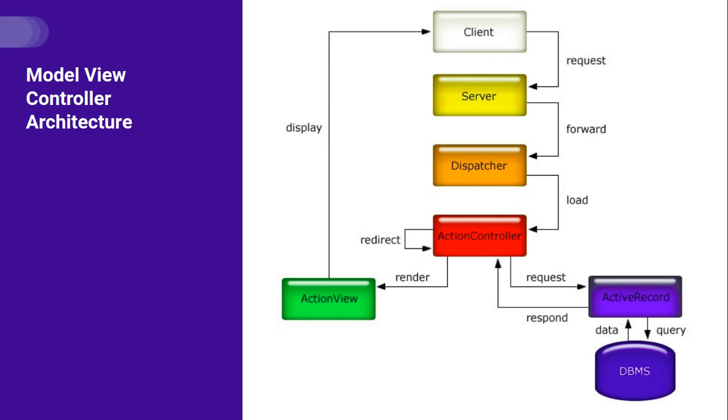The browser sends the request to the server, and then the server forwards this request to the dispatcher, or you can say the router. The router identifies which controller and which action of that controller is responsible to serve that request. And based upon that, the controller decides whether to go for the model or not.